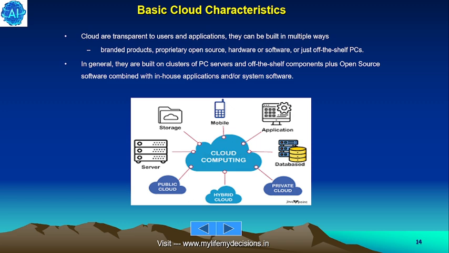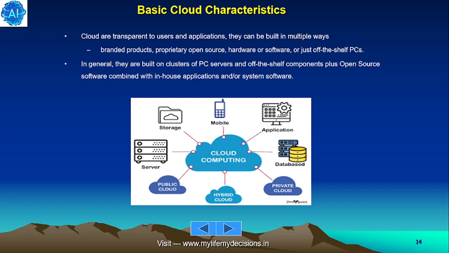Basic cloud characteristics: clouds are transparent to users and applications. That means the user will not get to know which service provider is providing all those facilities. They can be built in multiple ways, that is branded products, proprietary or open source hardware or software, or just off the shelf PCs.